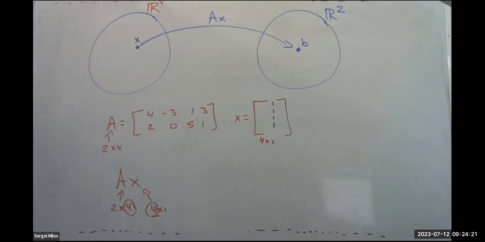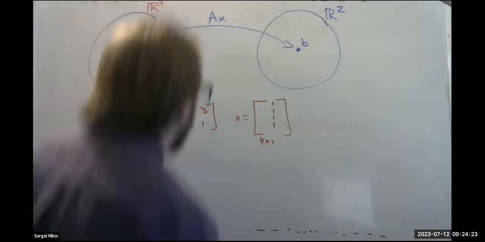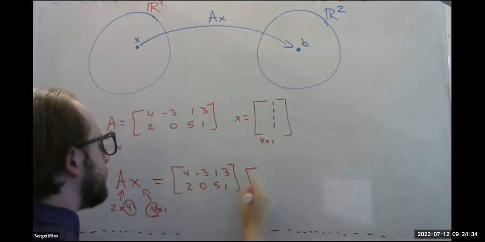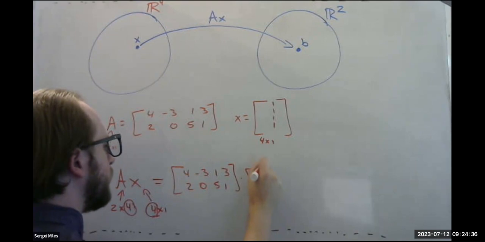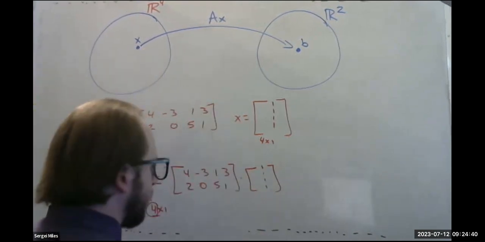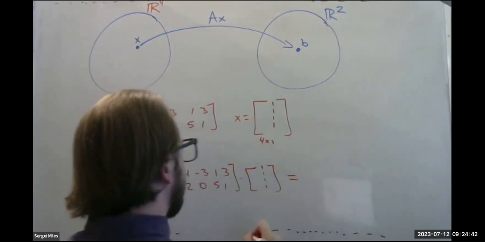Okay, good. What happens when we multiply here? Well, when we do this multiplication, we have the matrix A times the vector 1, 1, 1, 1. And I'm just going to go ahead and write this out as the dot product instead of the linear combination.